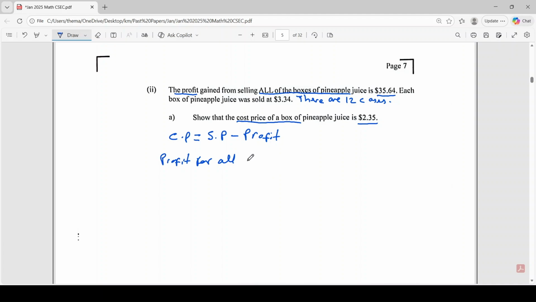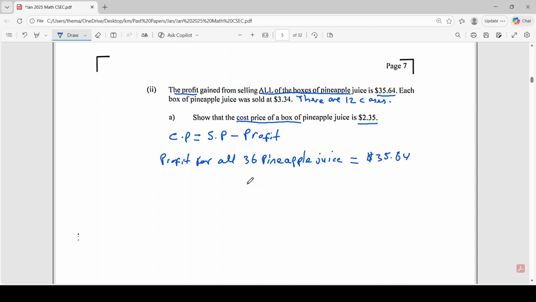So the profit for all 36 pineapple juice boxes was $35.64.